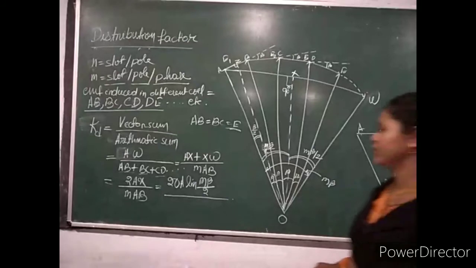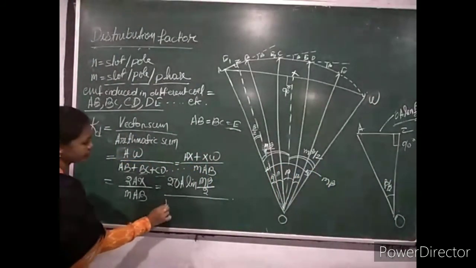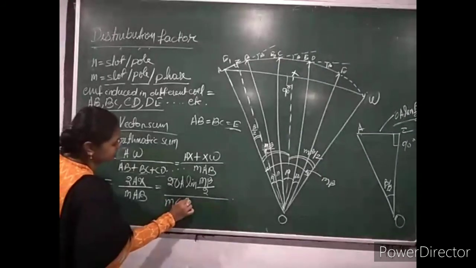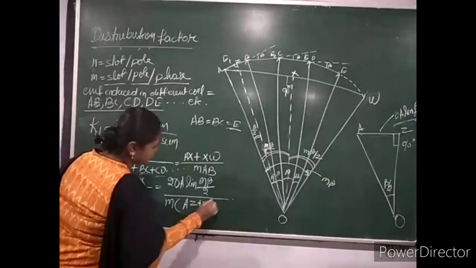Here I put in place of AB, that is AZ plus ZB.